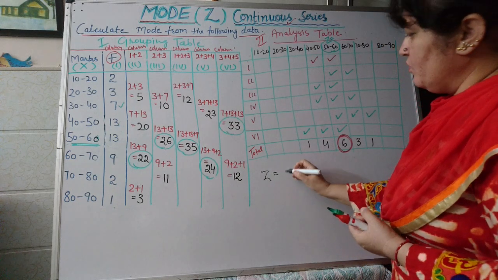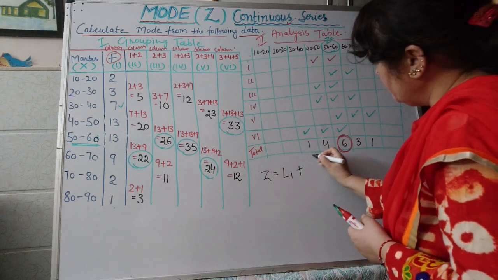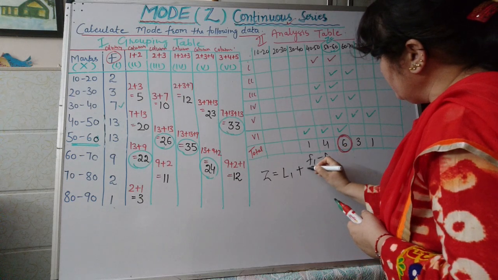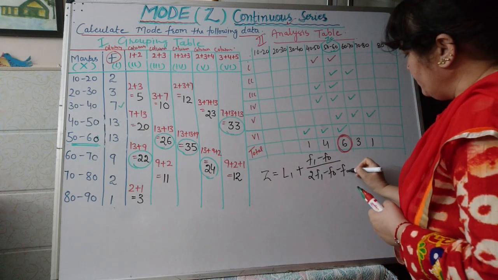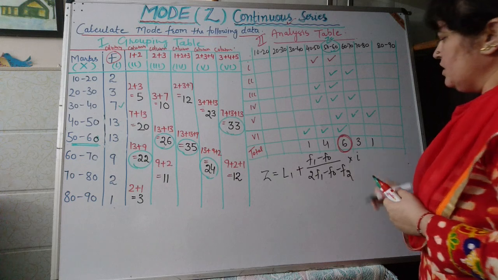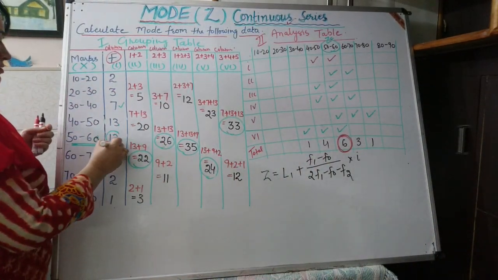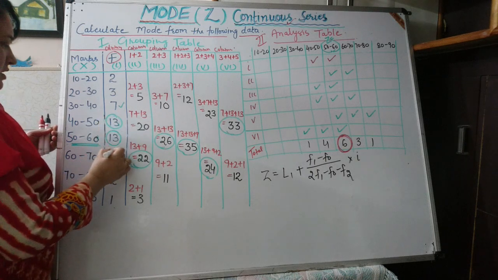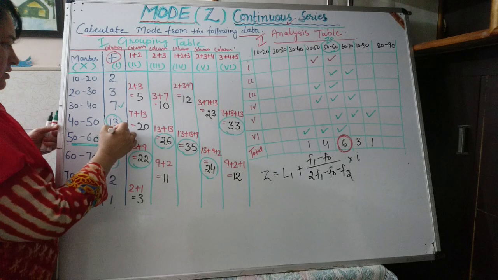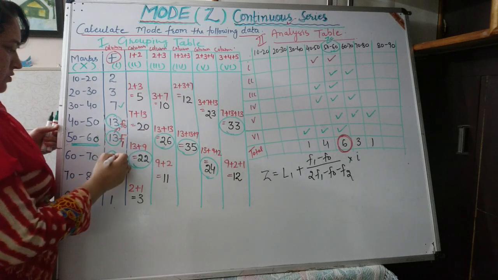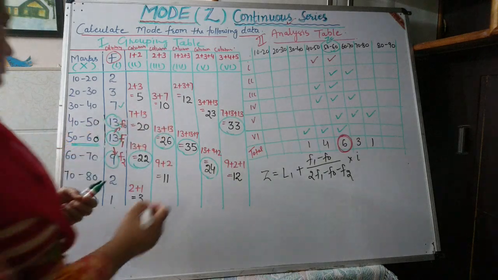So we will apply the formula. Z is equal to L1 plus (F1 minus F0) divided by (2 F1 minus F0 minus F2), multiplied by the class interval. Here these are the three frequencies: this is F1, this is F0, and this is treated as F2. Let us put the values in the formula.